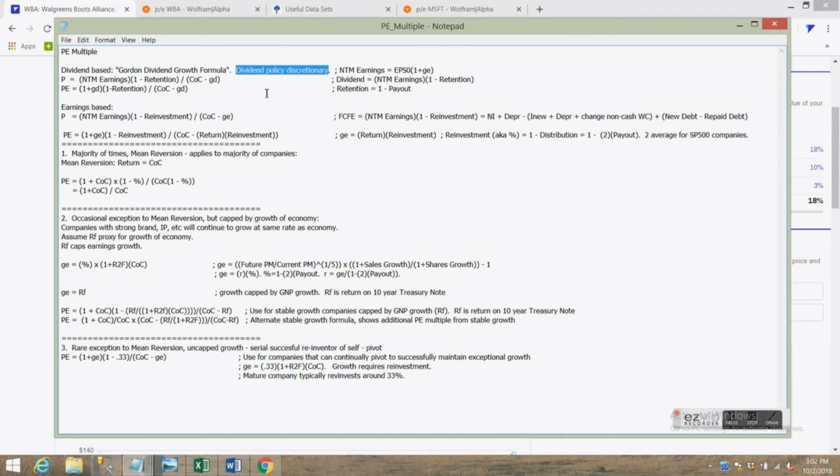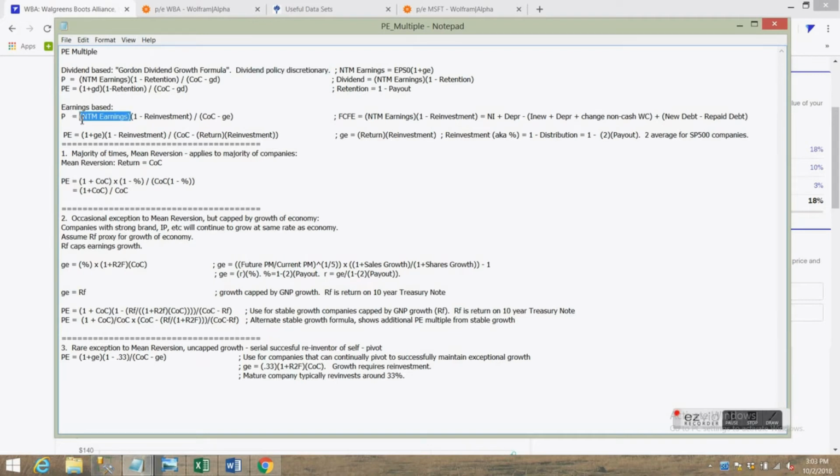The other thing is 60% of companies out there don't pay dividends, so the formula could not be used on those kinds of companies. So really you want a better approach that gets more to the real drivers of value and can be used on all companies.